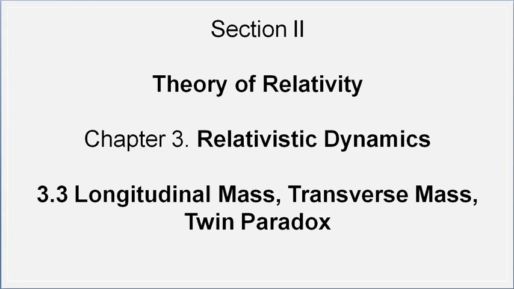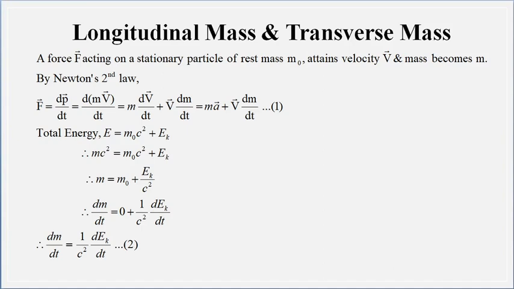Now all these things we have to see by deriving the relation. So first we will take up the longitudinal mass and the transverse mass. Here, we will consider Newton's second law: the force is the rate of change of momentum. Suppose the particle is at rest.